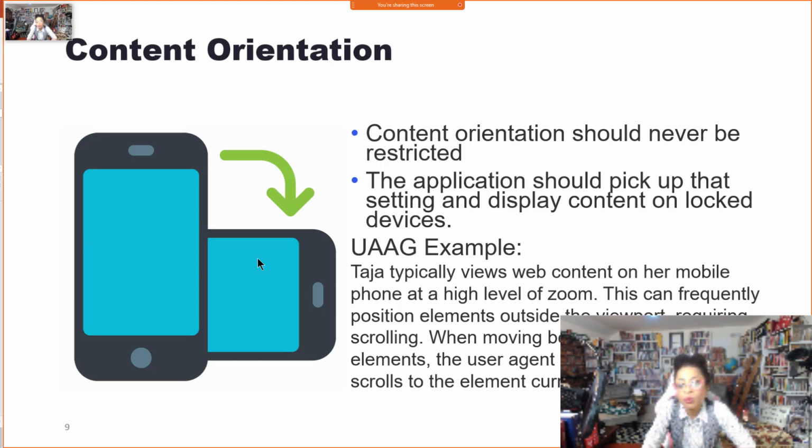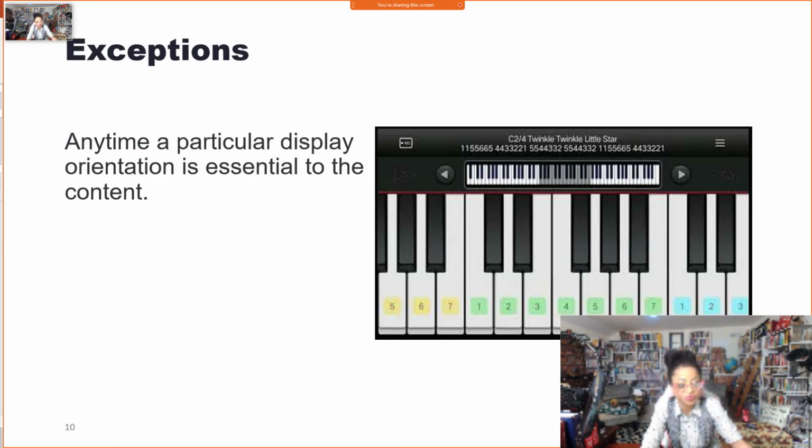If she rotated the device, then she would be able to see all of the content. However, when trying to navigate the content in the locked position, she has to scroll horizontally or vertically to see the viewport. So that's where we have a design issue.